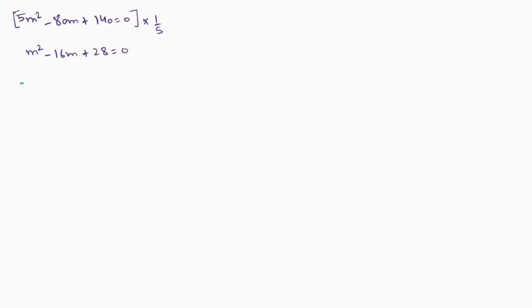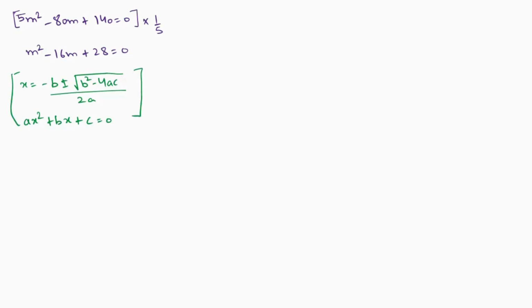We know x is equal to minus b plus minus under root b square minus 4ac divided by 2a for any quadratic equation ax square plus bx plus c equals to 0.